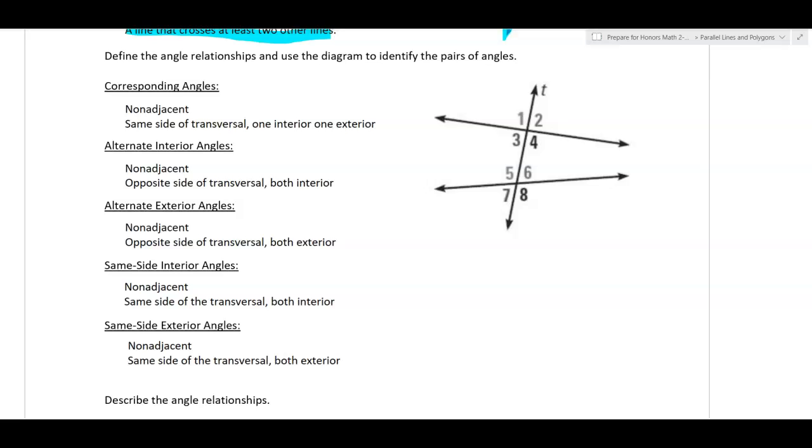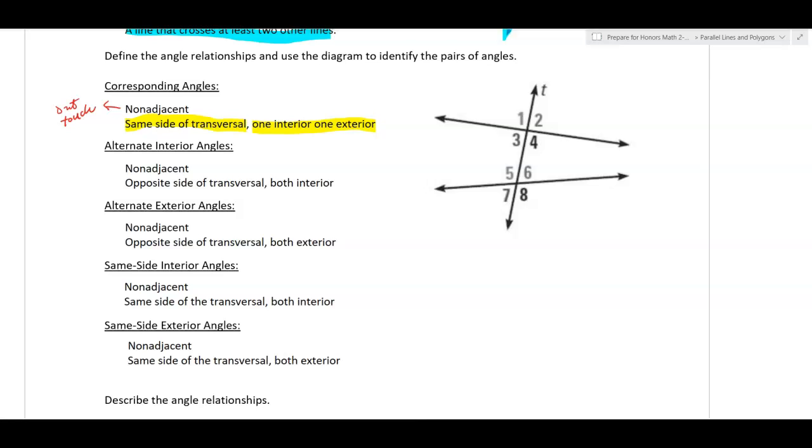So the first type of angles created are called corresponding angles. These are non-adjacent angles, meaning they do not basically touch. They are on the same side of the transversal, and one is interior, one is exterior.